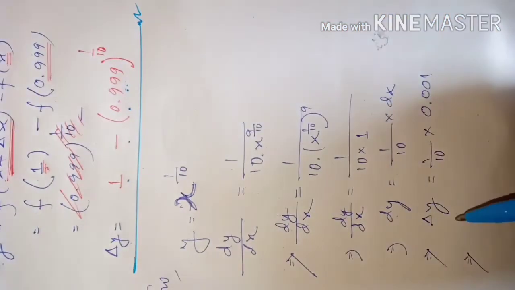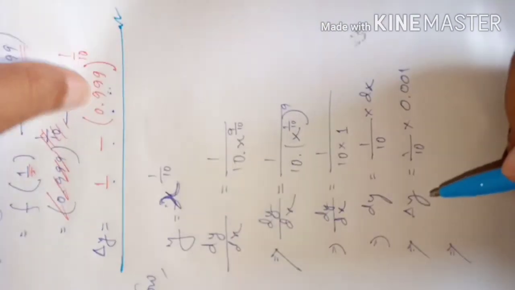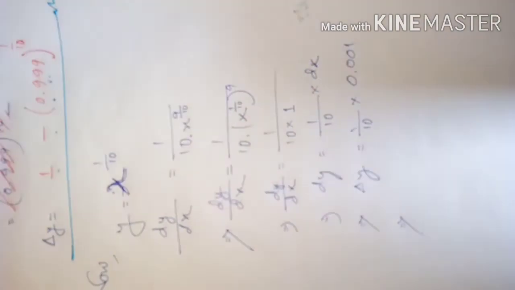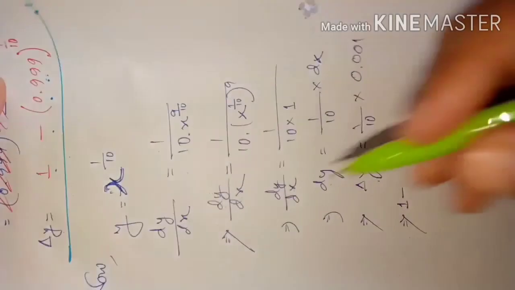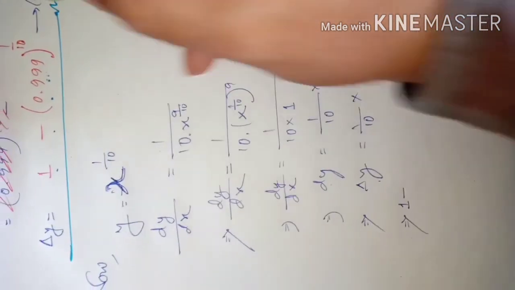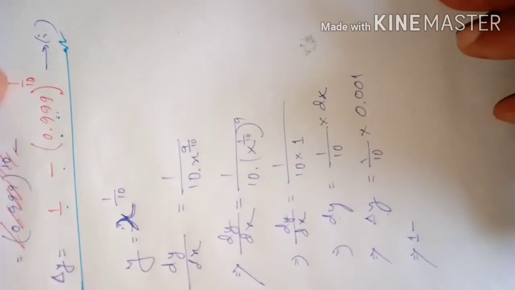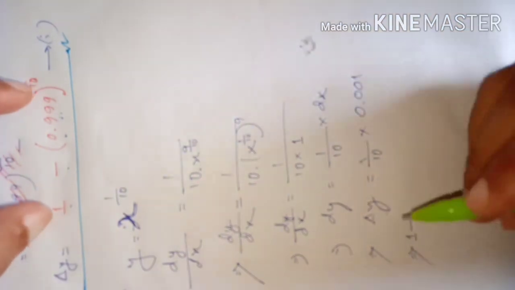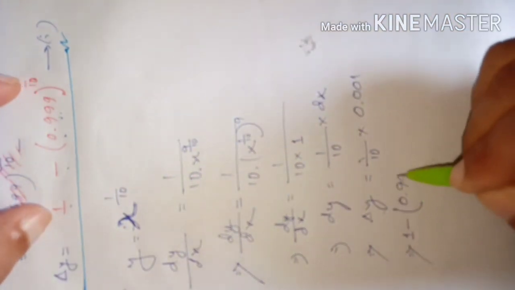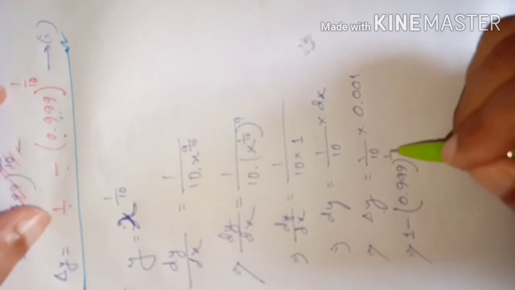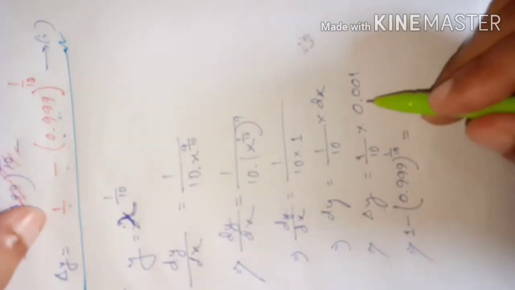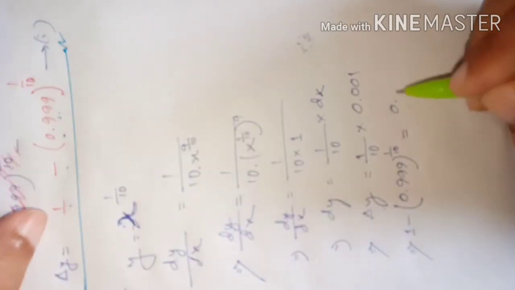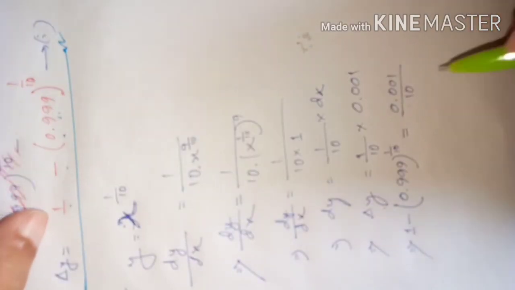So now this delta y can be replaced by that expression. So delta y is equal to 1 minus 0.999 whole raised to the power of 1 by 10, is equal to 1 by 10 into 0.001, that is equal to 0.001 by 10.